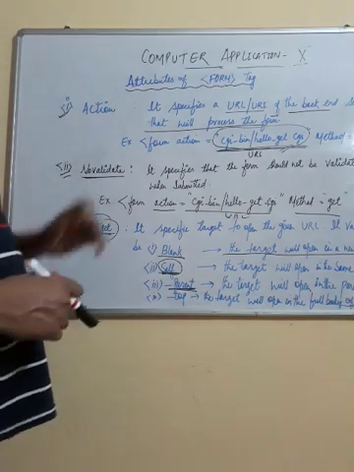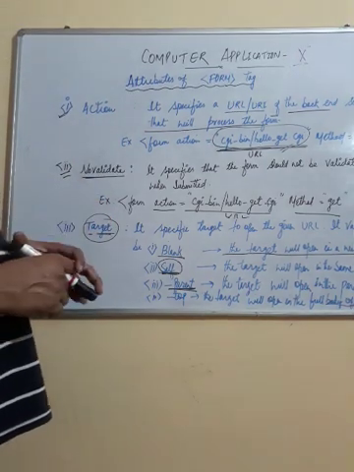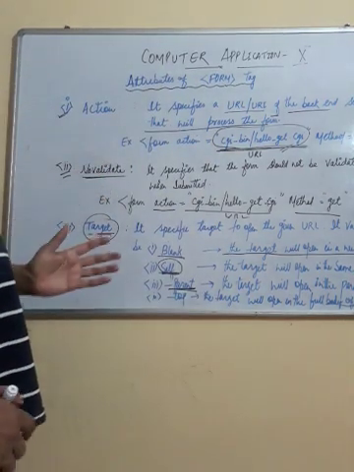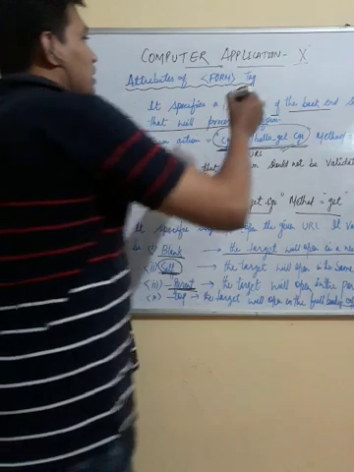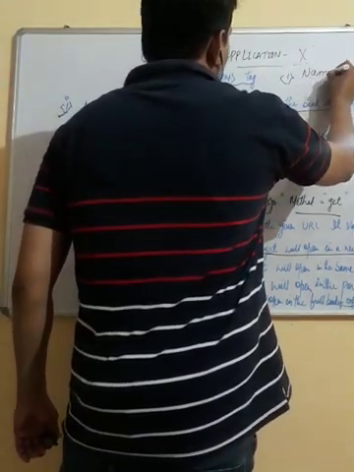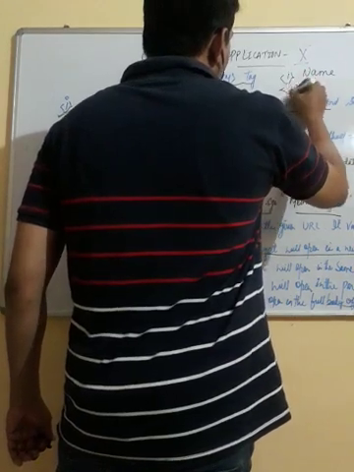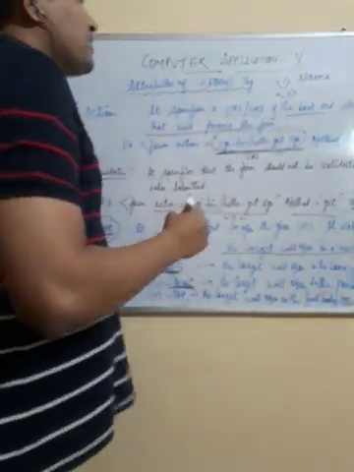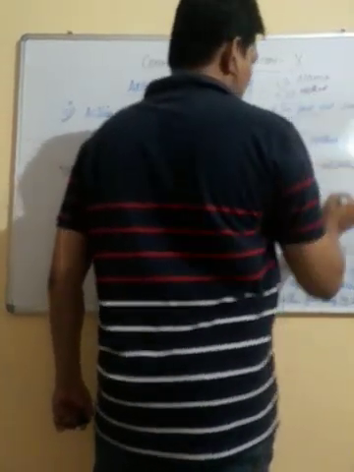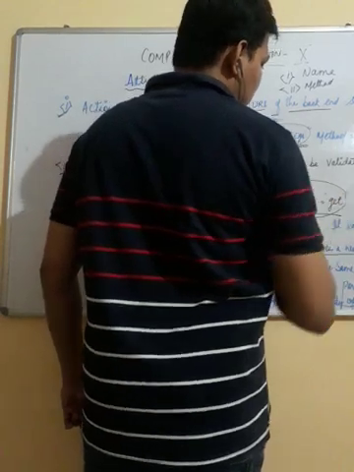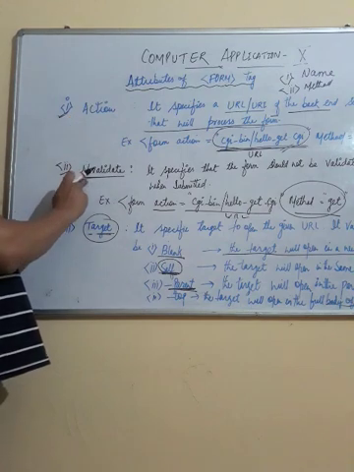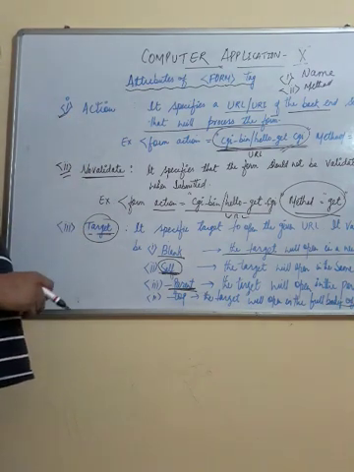Actually, this is what I wanted to discuss about the form attributes. Two attributes I have already discussed: the first one, the name attribute, in my previous video, and the second one, method, which I have used here also. The third one is action, the fourth one is novalidate, and the fifth one is target.